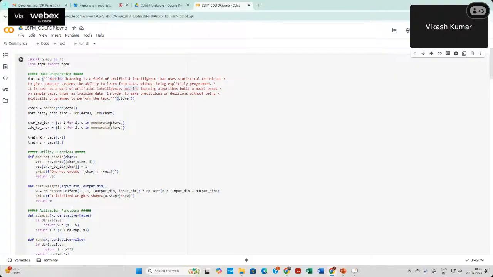From that character set, we get the data size. The data size is the whole paragraph, the number of characters appearing in it, if it is at character level. If it is at word level, the words in the paragraph will be the data size, and the vocabulary size will be the unique words in the paragraph.